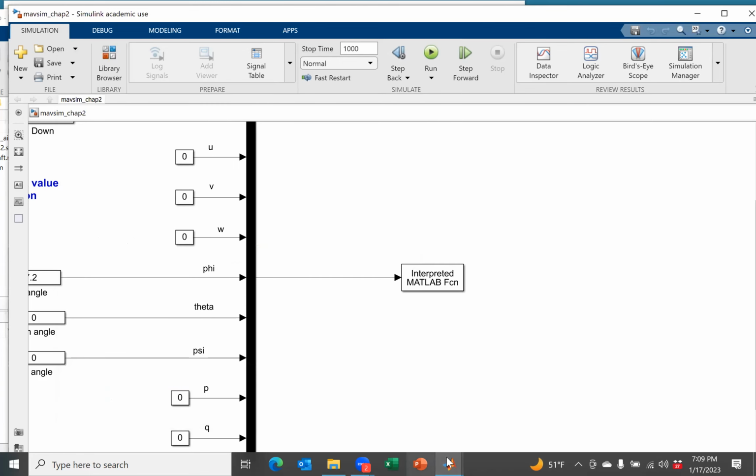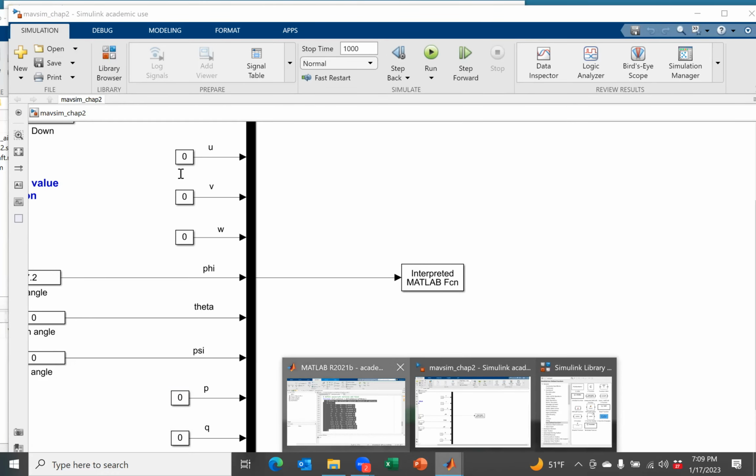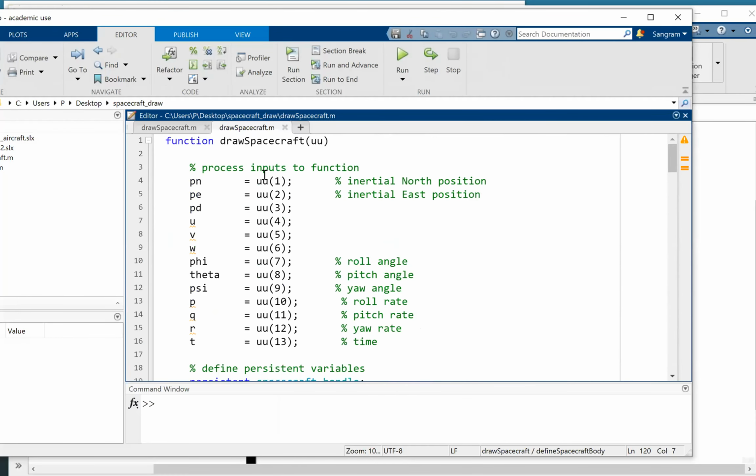So I want you to note that this function, please see that this function is called draw spacecraft, and the argument to this function is UU. So I'm supplying UU as an input, and then this draw spacecraft is grabbing this UU vector and plotting that spacecraft.